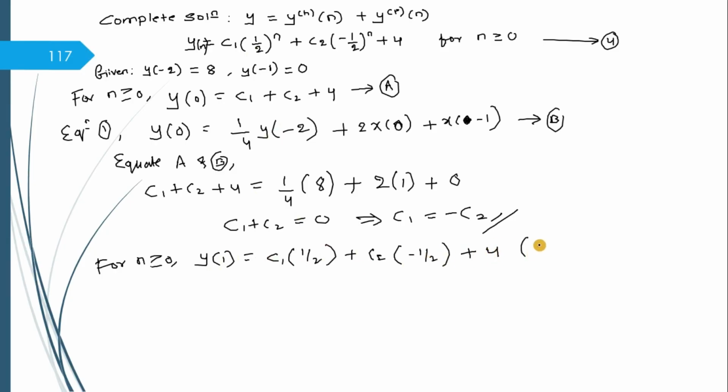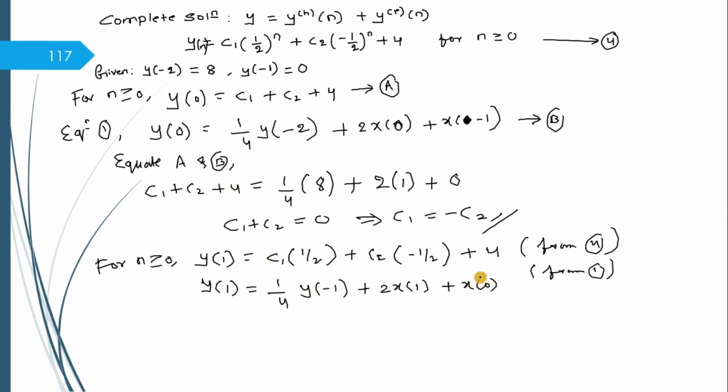And this is from equation A. Now similarly for equation 1, what I get, I write it here. From equation 1, I get y of 1 in the same manner, 1 by 4 y of minus 1 plus 2 into x of 1 plus x of 0. This is by this one. So these two things I equate.